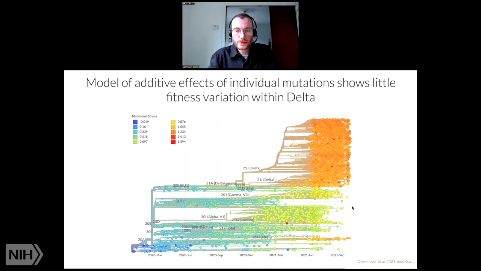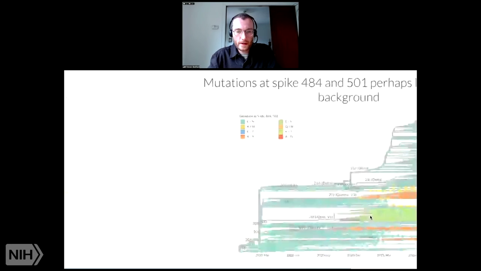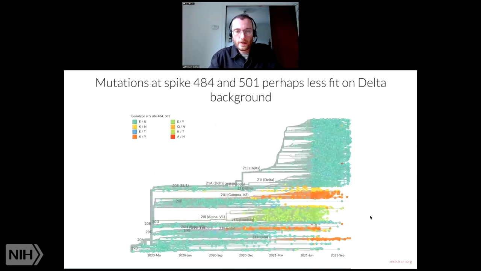What's been interesting and surprising, and maybe a bit mysterious, is that in all of the other variants, again and again, we had mutations at 484K and 501Y. In each of those cases, they seemed to increase the fitness of the virus and cause those variants to spread.